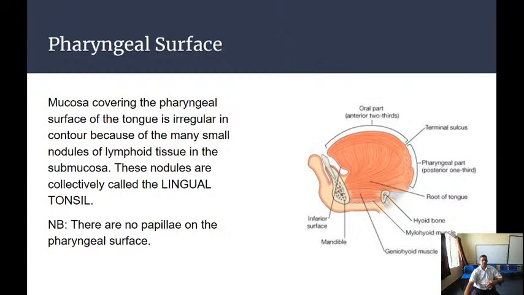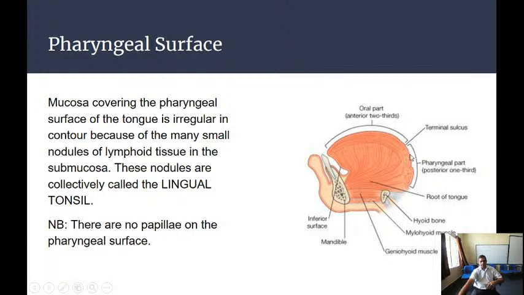Then we go to the pharyngeal surface of the tongue. The mucosa covering is irregular, and the contour, as I told you, becomes vertical. There are so many small nodules of lymphoid tissue in the submucosa. These nodules are collectively called the lingual tonsils.